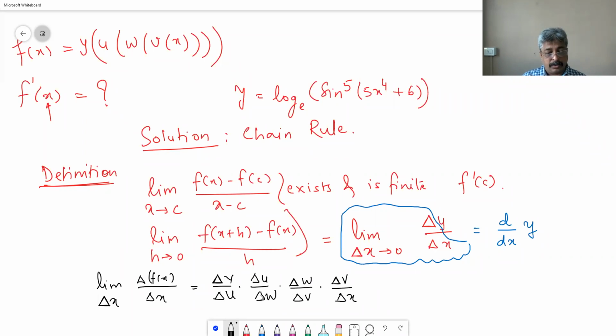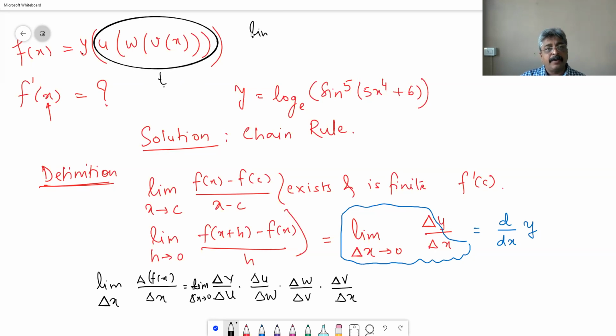We will have to write it like this: limit delta x tends to 0. This will be equal to the following, because y is operating on this function. Suppose we call this function t. So y is operating on t.